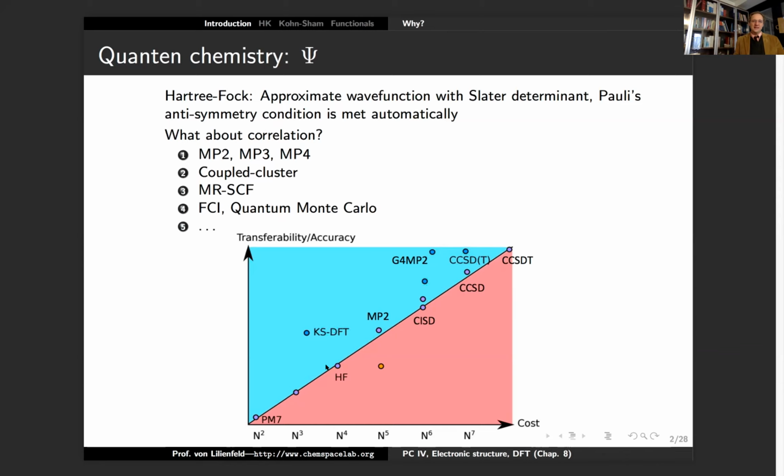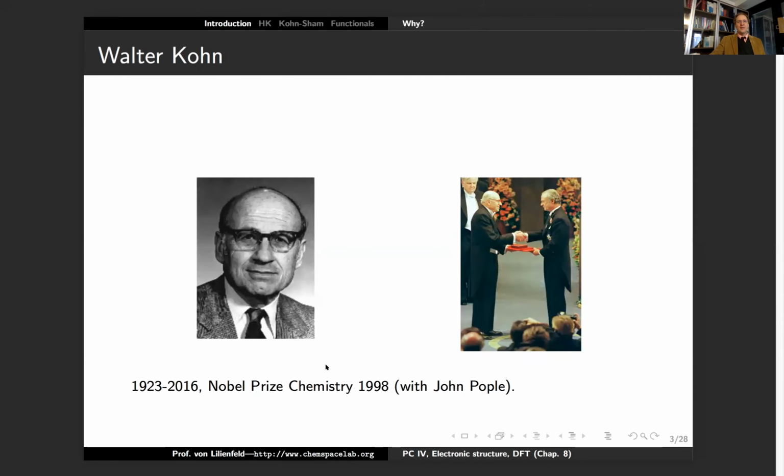So this is quite remarkable, and this is why in 1998, as I mentioned also previously, Walter Kohn, one of the founders of density functional theory, was awarded a Nobel Prize in chemistry.